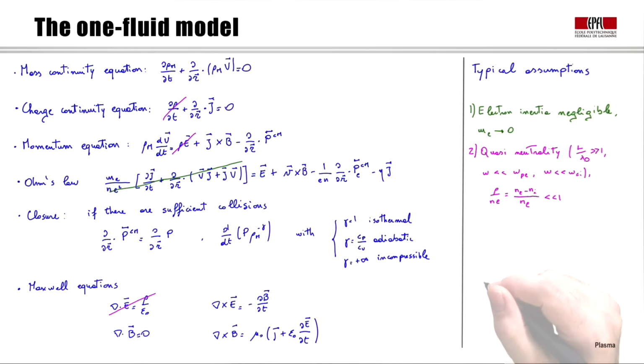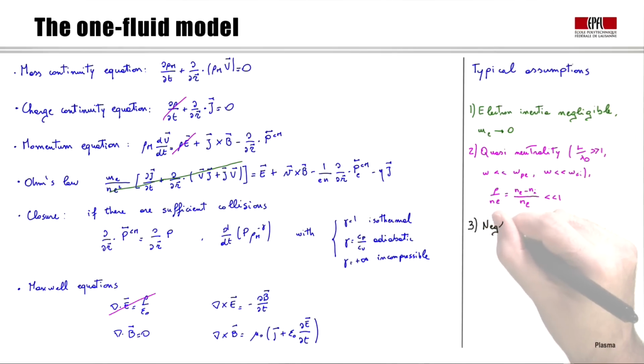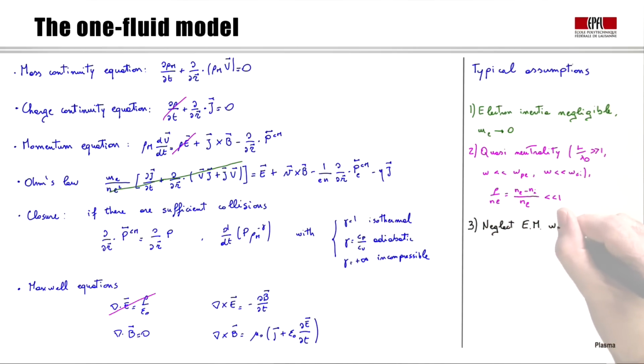The third hypothesis that is made is to neglect electromagnetic waves. That is, to assume that the displacement current is much smaller than the plasma current.